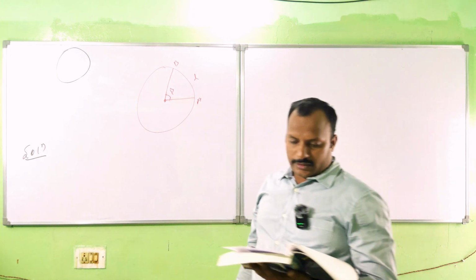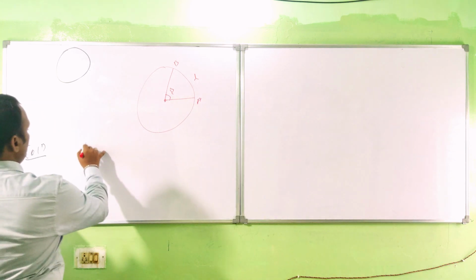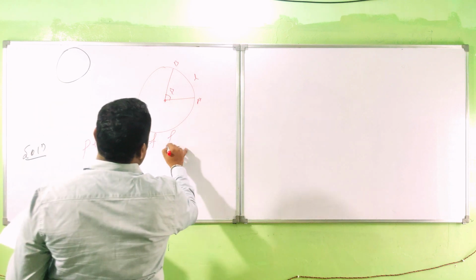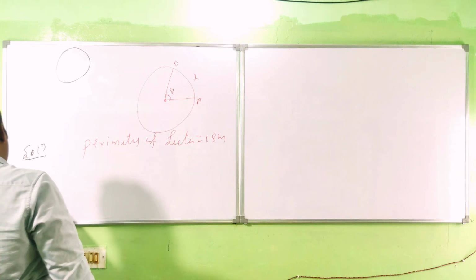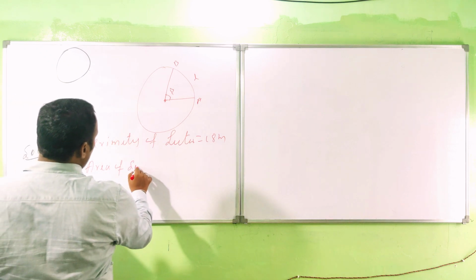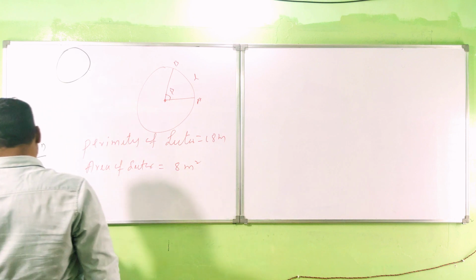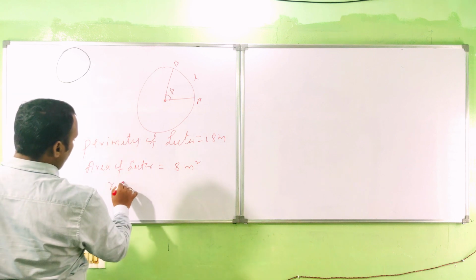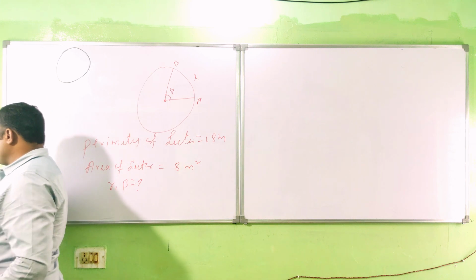Given that the perimeter of the sector is 18 meters, and the area of the sector is 8 meters square, calculate the numerical values of R and beta.